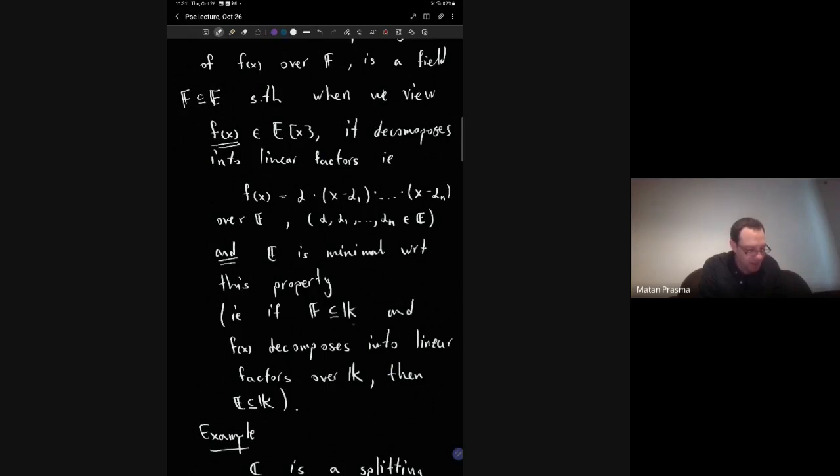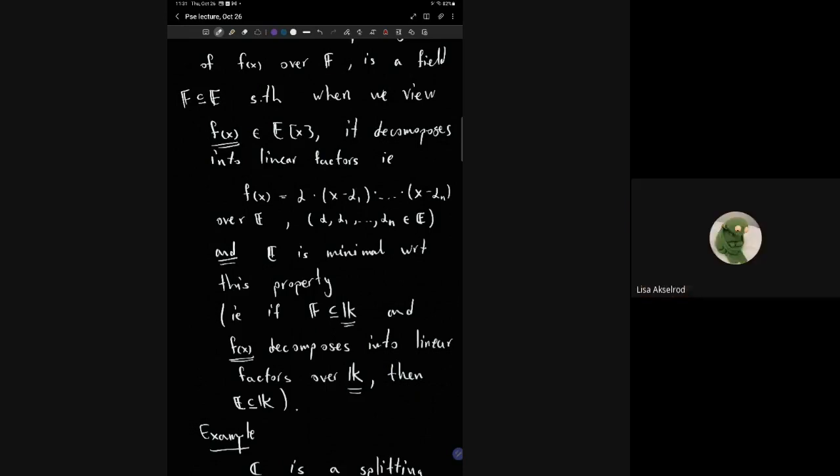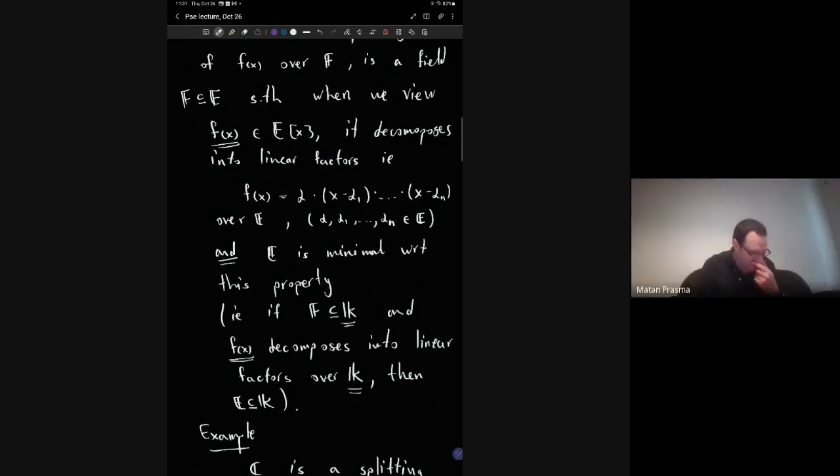I mean, if you have any other field K containing F such that the polynomial f(x) decomposes into linear factors over this K, then K must contain E. I mean, E is minimal, right? Minimal with respect to inclusion. Okay.